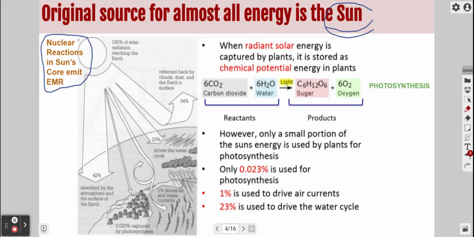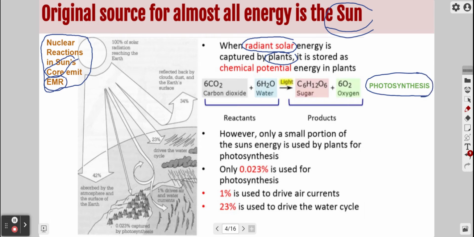Those nuclear reactions that we talked about briefly in Unit C in the sun's core are emitting the EMR, the electromagnetic radiation. You've got the infrared heat, but you also have the light energy, the visible radiant solar energy that the plants need in photosynthesis.